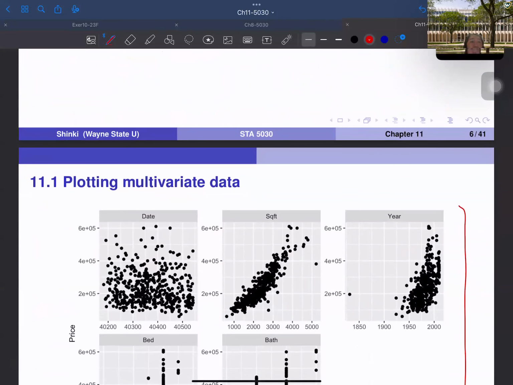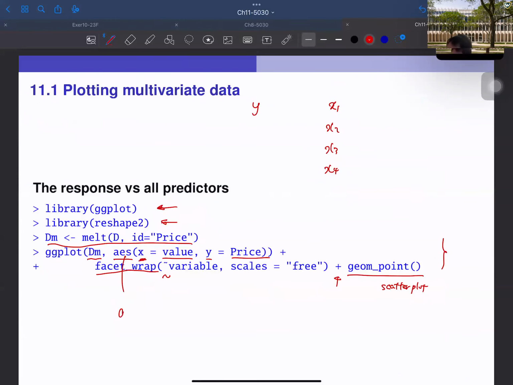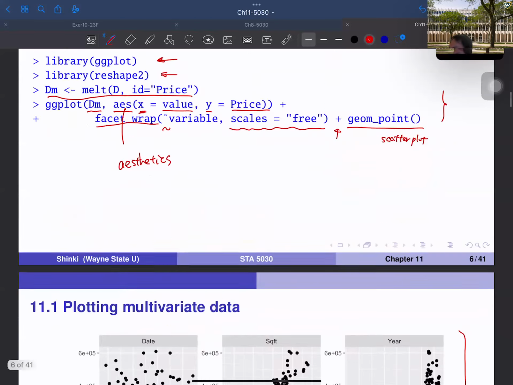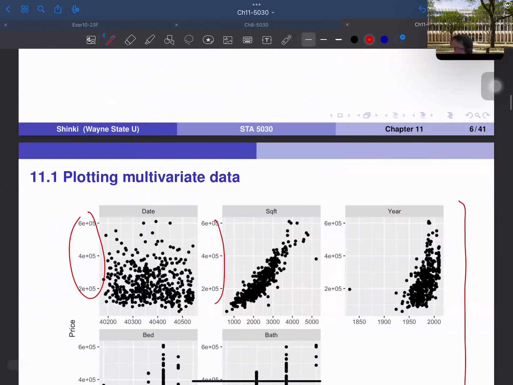I got some questions. First question, what does aes, aesthetics, mean? I don't know why we say aesthetics, but this is just the specification of graphs. The last line of code is the same in most scenarios, as long as you want to make the response versus all predictors. The scales free means we have different scales for these.